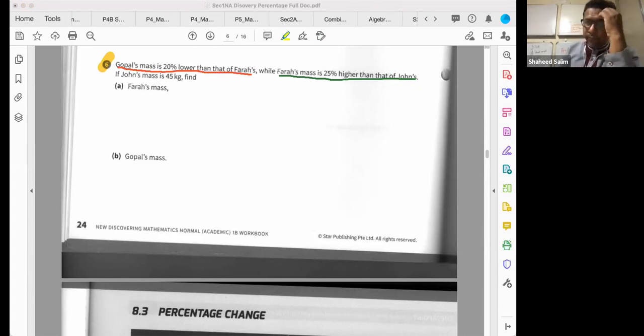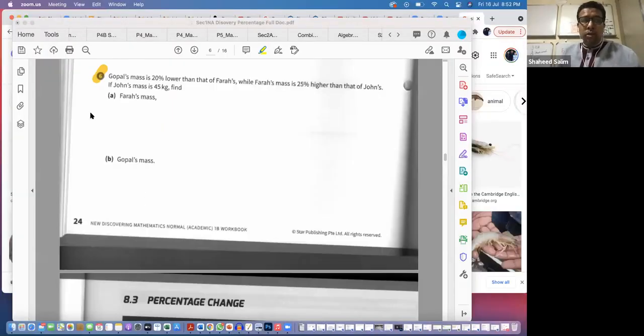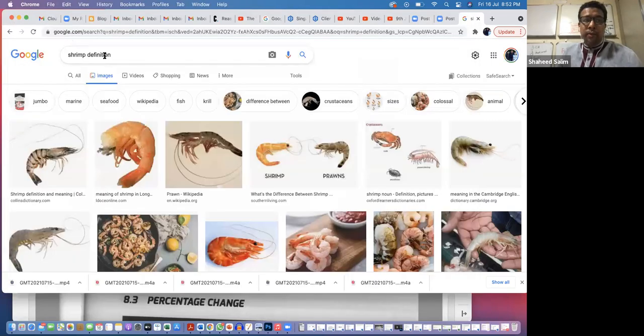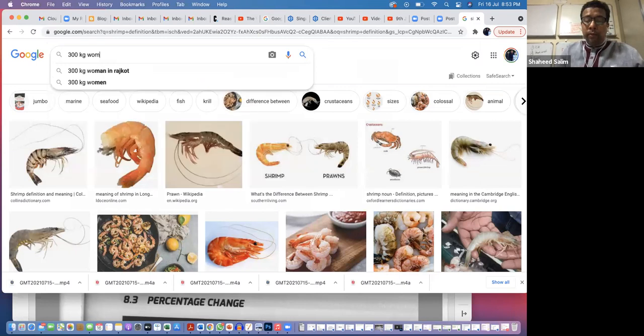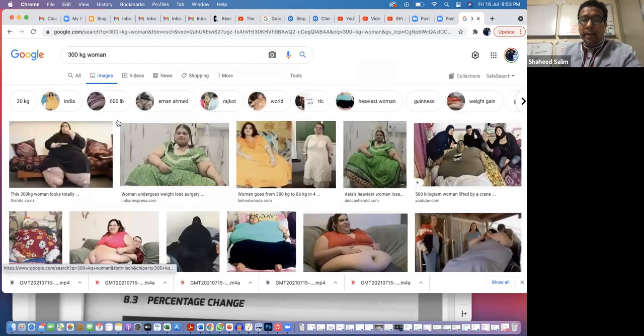So you try. Farah cannot be. Farah will be too heavy. No, 300 kg. Those who say Farah's weight is 300 kg, you must know how heavy 300 kg is. A 300 kg woman, because Farah is a woman. Surely Farah isn't that big.